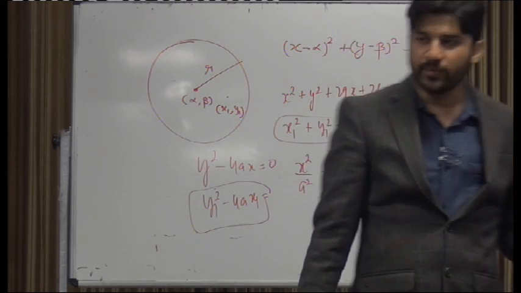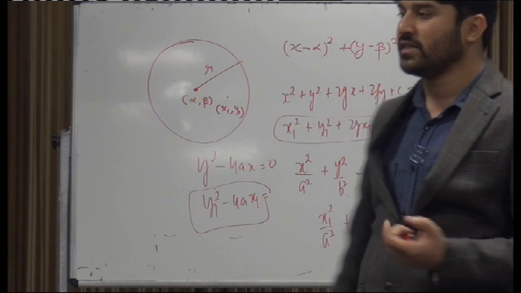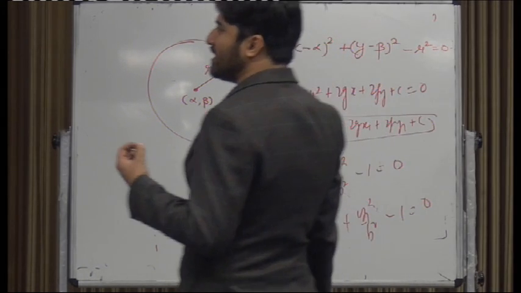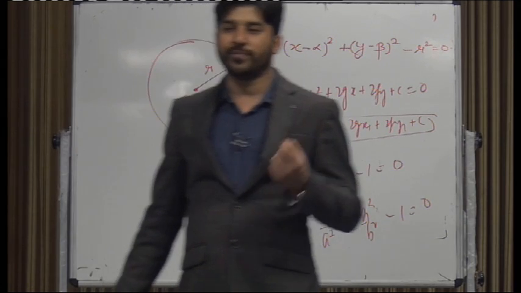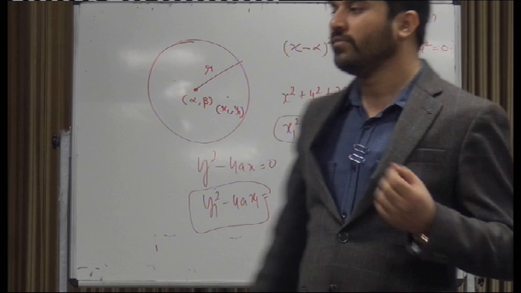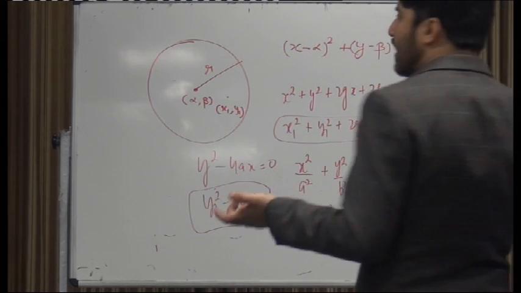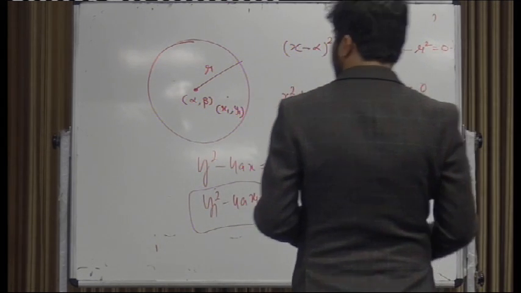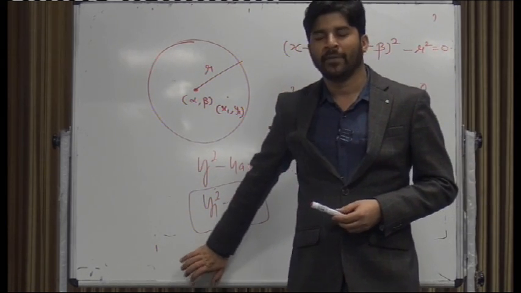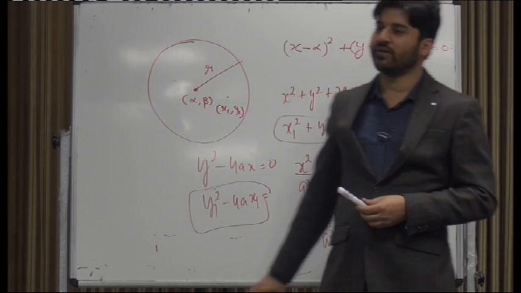But in hyperbola the scene reverses: if the power is positive it means it is inside, if the power is negative it means it is outside, and if the power is 0 it means it is lying on the curve. So we will discuss this exception of hyperbola when we cover hyperbola.